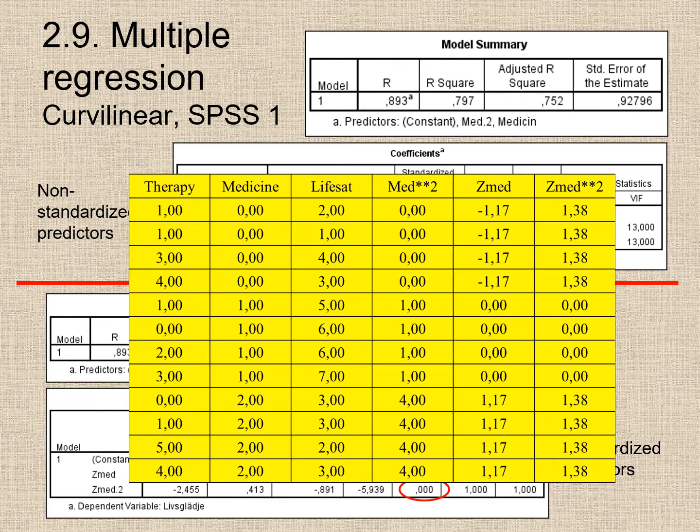And the tolerance, the collinearity, is based on linear association between the predictors. This is what happens if you have a variable with only positive values and you square those values: the higher your value on the original variable, the higher your squared value is. You tend to have a strong positive association, and you risk getting collinearity. While if you have a variable with both positive and negative values, it's those that deviate more from zero that become high when they're squared.